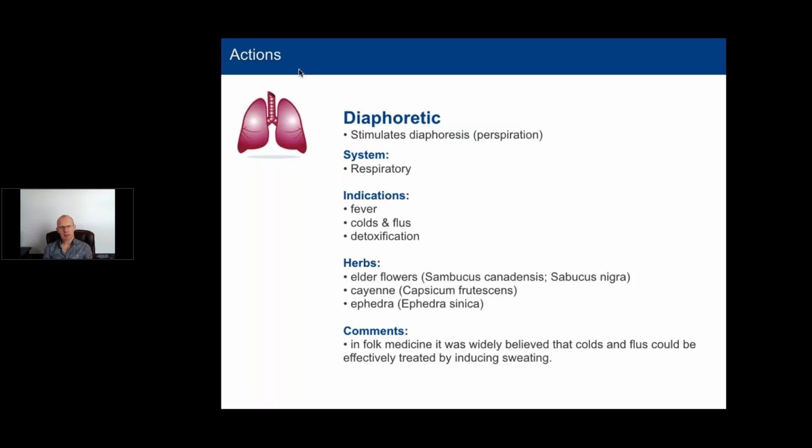Now, another action that's often associated with the respiratory tract is the diaphoretic action. And this is something that stimulates sweating. And so the belief with a lot of herbs that can help stimulate sweating is it's kind of like when you sweat out a cold.